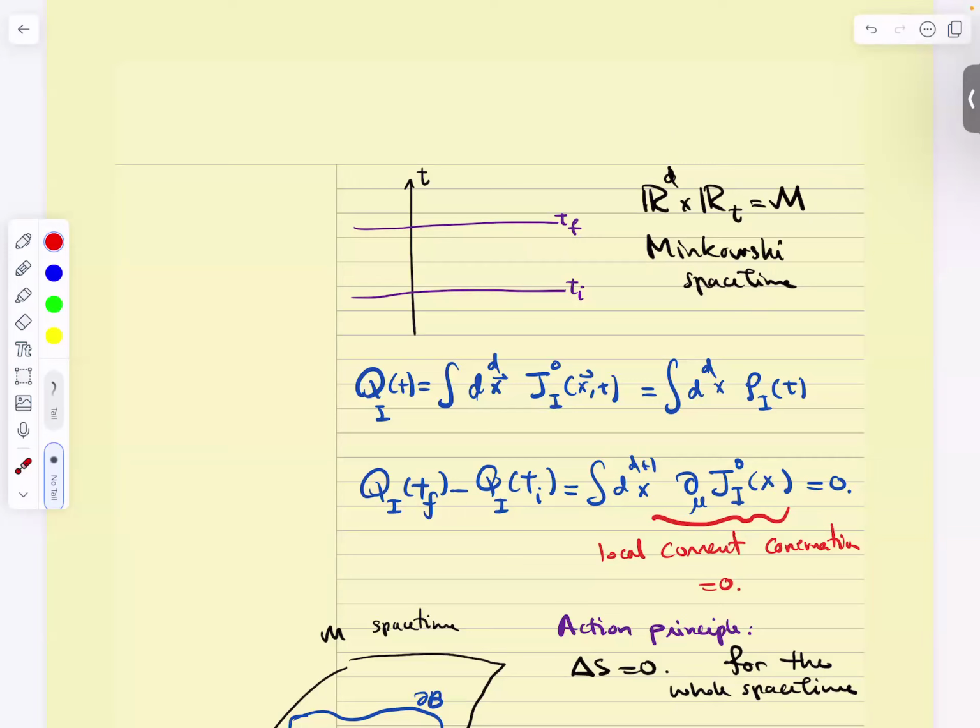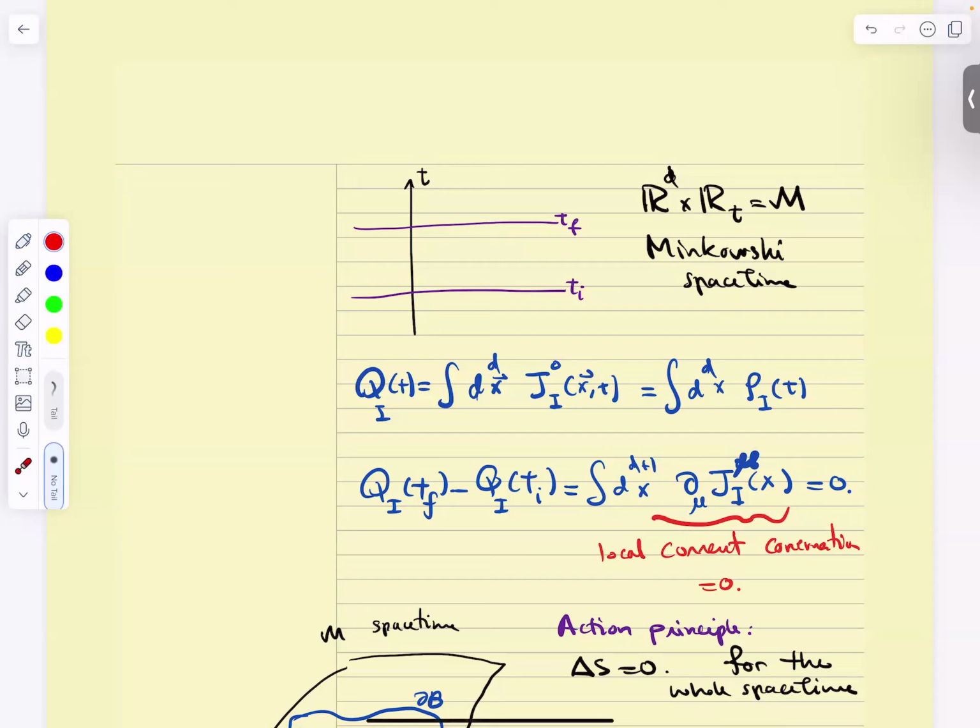They're the same operators in the Hilbert space. Well, sorry, this is classical field theory, so they're the same values. How do I know that? We'll see that this is a consequence of the conservation law.